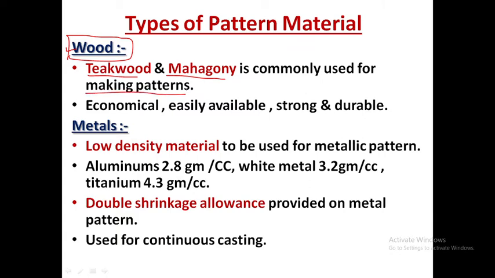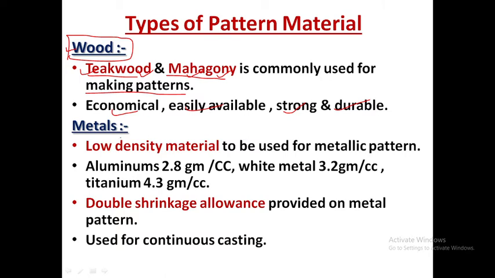Why? Because these are economical and easily available. Also, these are strong and durable. Due to these properties, teak wood and mahogany are used as wood patterns in casting.